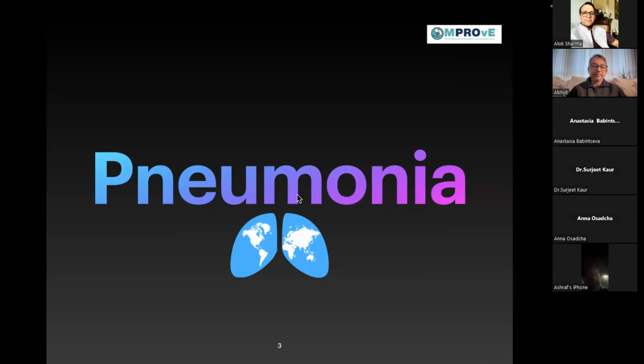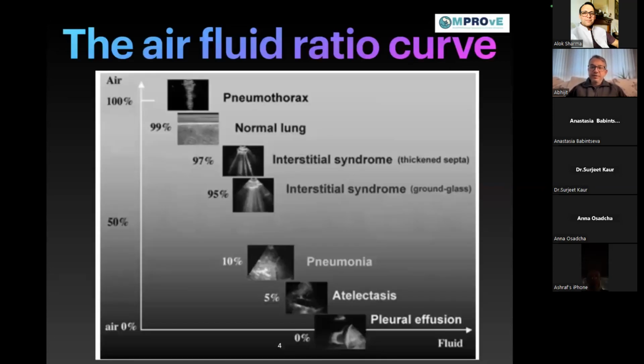Right, so pneumonia. And this is one of my favorite images, a graph which talks about the air-fluid ratio curve. What you can see here on your x-axis is your fluid, and on your y-axis is your air. And you can see the percentage of air and the percentage of fluid.